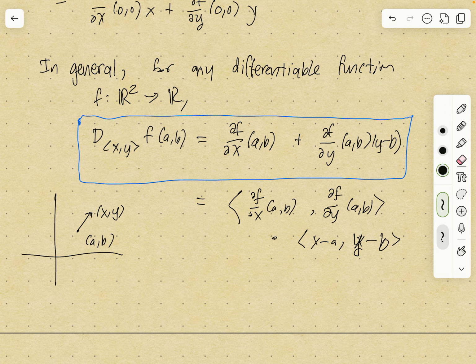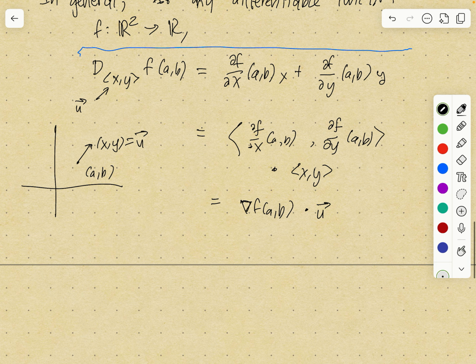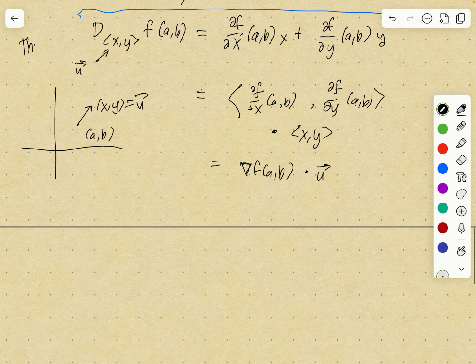It should be just (x, y). Sorry. It's just dotted with this unit vector. So if this unit vector is called u, then this would just be the gradient of f evaluated at (a, b) dotted with the unit vector u. So that's the theorem.